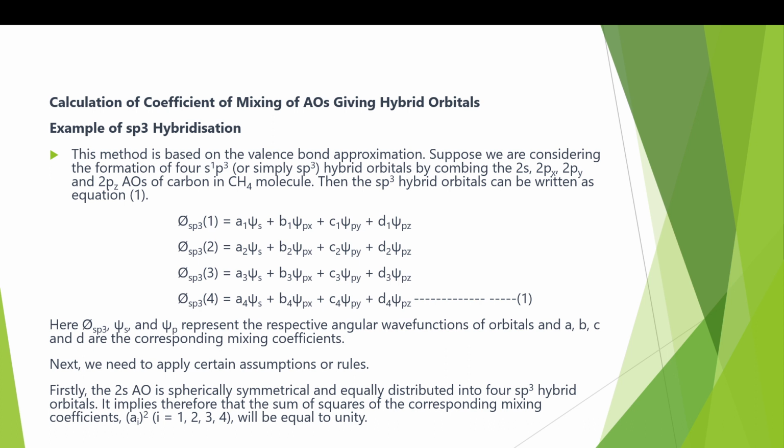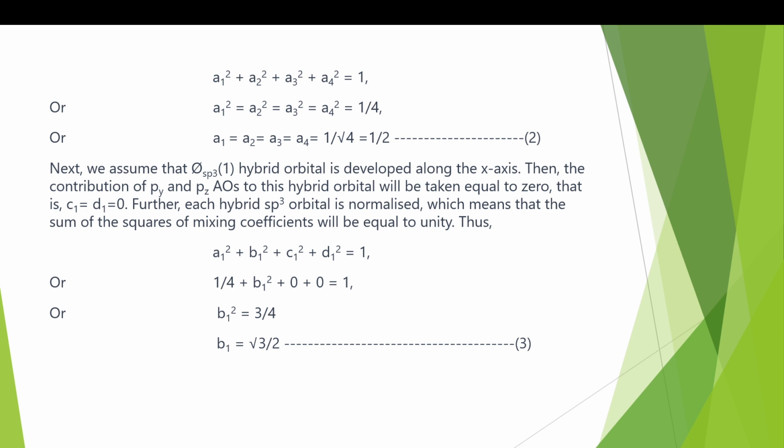Therefore, we can write a1 squared plus a2 squared plus a3 squared plus a4 squared equals 1. Because all are equal, we can put a1 squared equal to a2 squared equal to a3 squared equal to a4 squared equal to 1 by 4. It means a1 equals a2 equals a3 equals a4 equals 1 by root 4, which becomes 1 by 2. This is equation number 2.